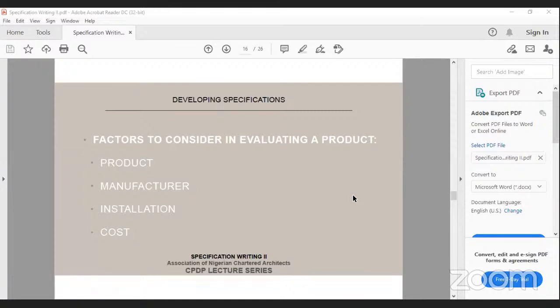Then you also want to understand the installation process. You want to determine whether the manufacturer's directions for the installation cover the particular conditions of the project, and whether there are alternative methods that you can use to install.